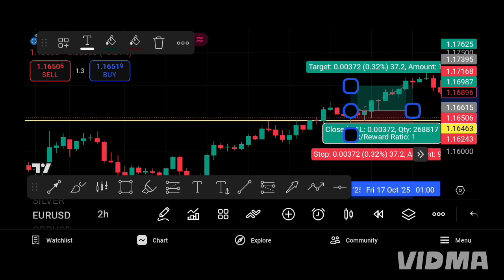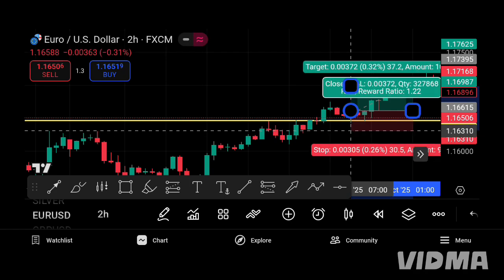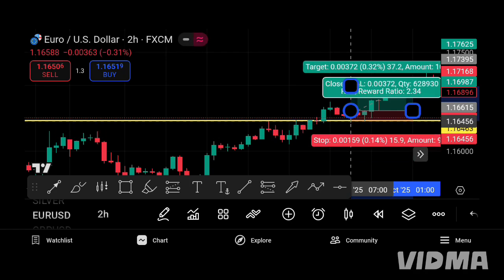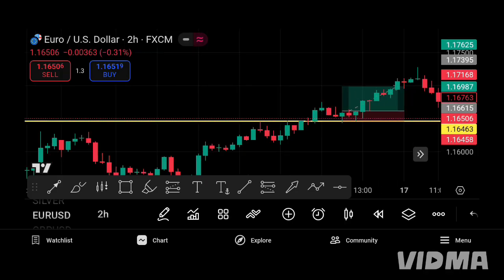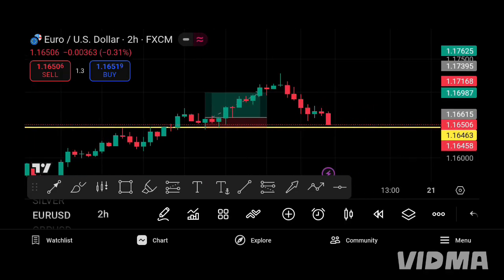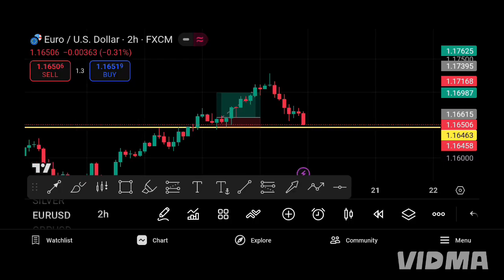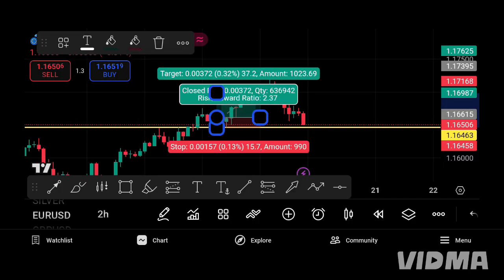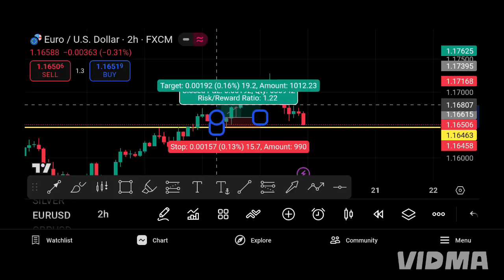Our stop loss here at the low. Enter from the high, and then we risk 1-to-1.